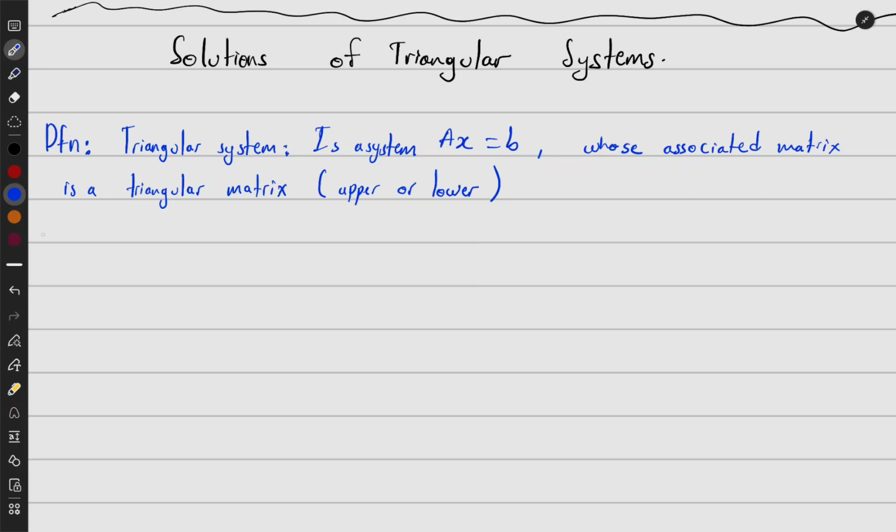Then we can try to look at how to solve these triangular systems. So how do I solve them?